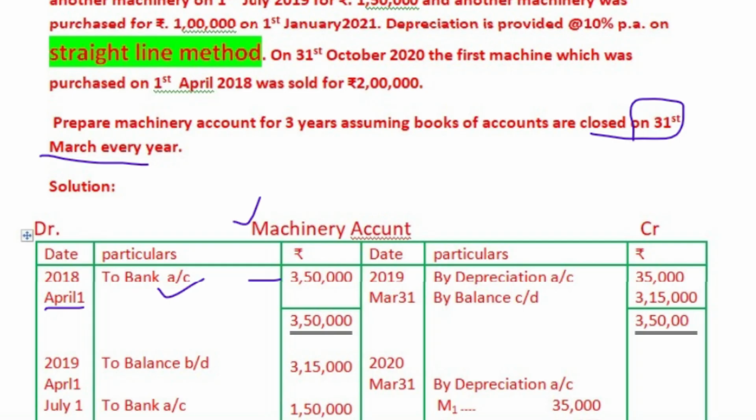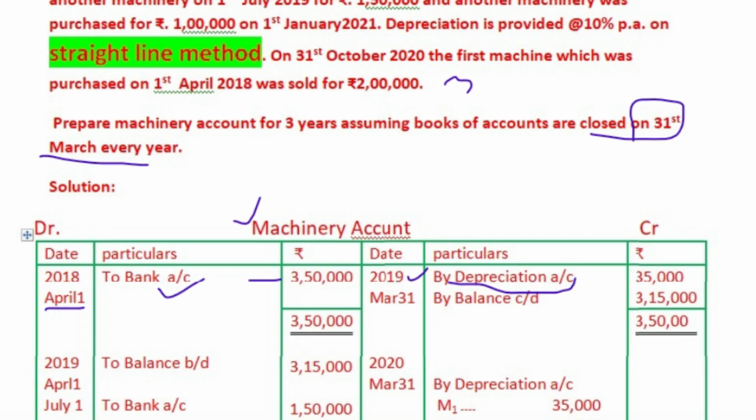That is why this falls in 9 months of 2018 and 3 months of 2019, together 2018-19. So depreciation is charged at the end of the accounting period.